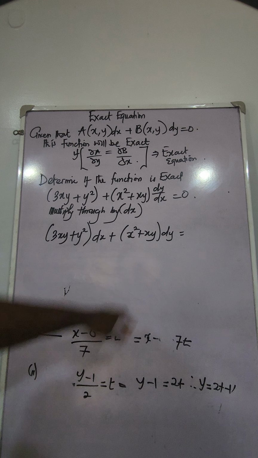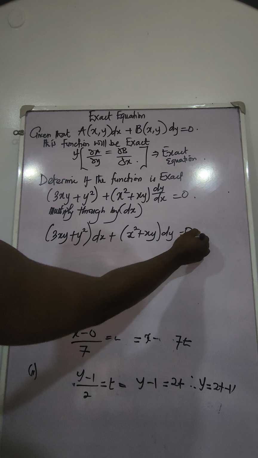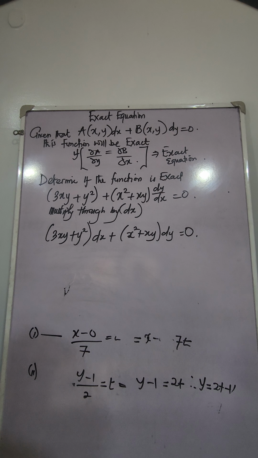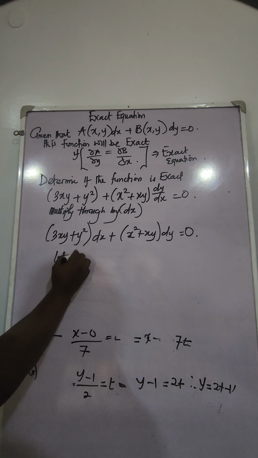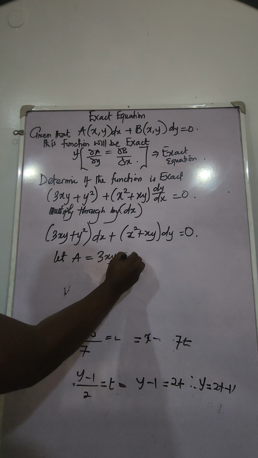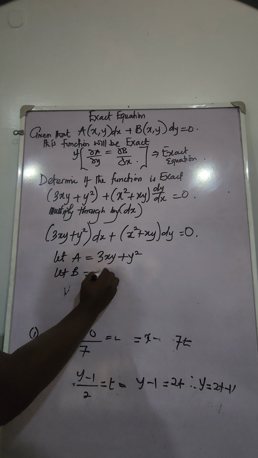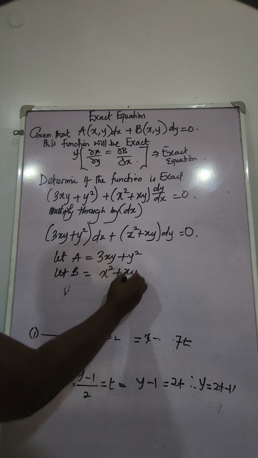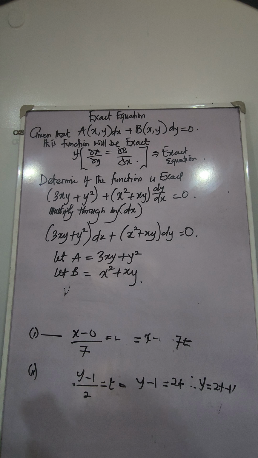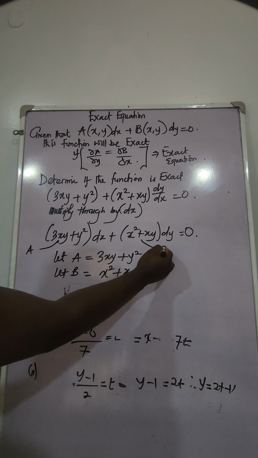You all know that if you multiply 0 by dx it is 0, so you just keep that 0. Having said all of this, let A equals 3xy plus y squared, let B equals x squared plus xy. So we just label this as A and we label this as B.